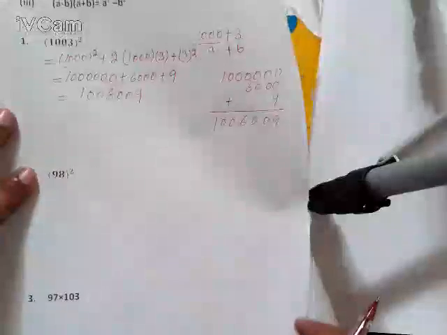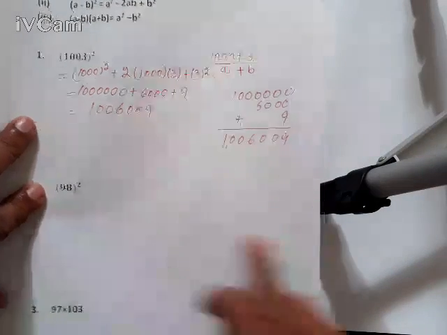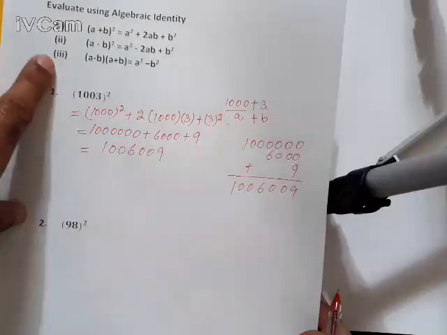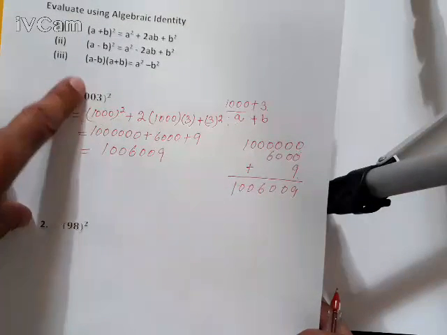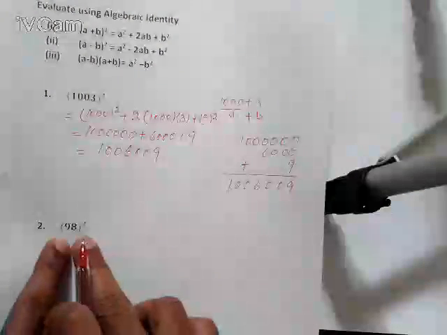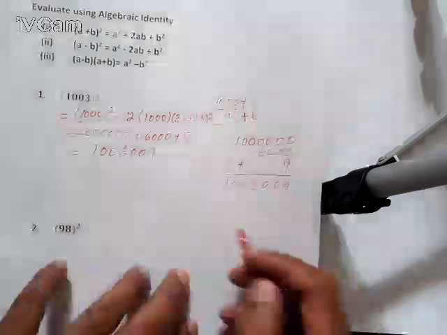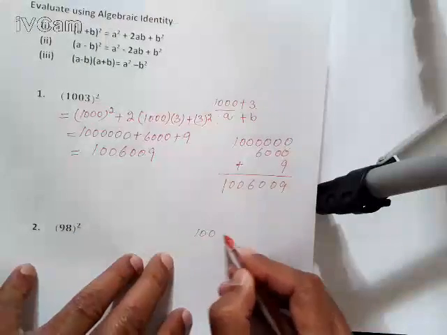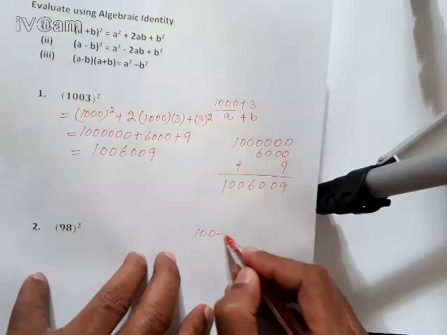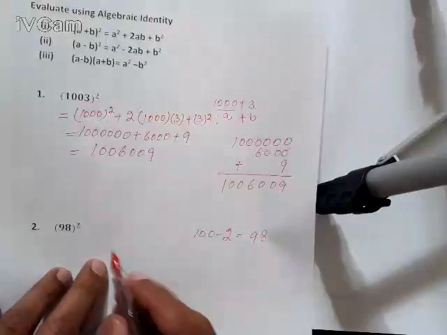So next is 98 square. So here again we have three identities, so we have to decide which identity is applicable in this case. So we will write to the nearest 10 or nearest 100. So if we write 100 minus 2, it will be 98.